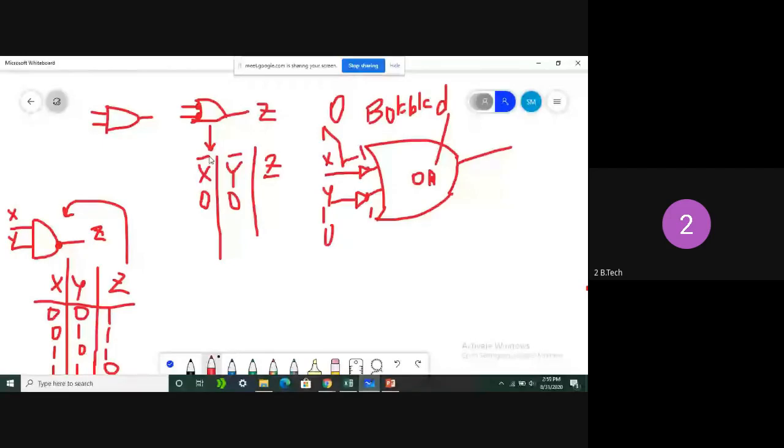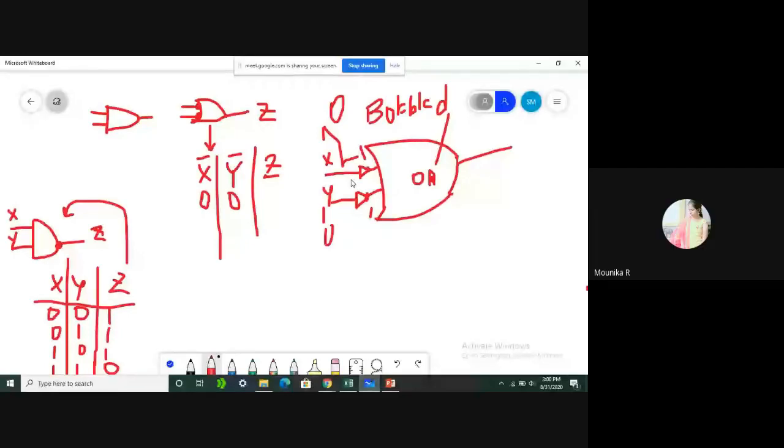Because of this NOT gate, it will take the reverse of the exact X value. Clear, all of you? Yeah, sir. If we are giving 0 here, it is taken as 1. Similarly for Y also, if you provide 0, it is taken as 1. Because of the presence of NOT gates at the input side, it takes the reverse of the X symbol. Do you agree?